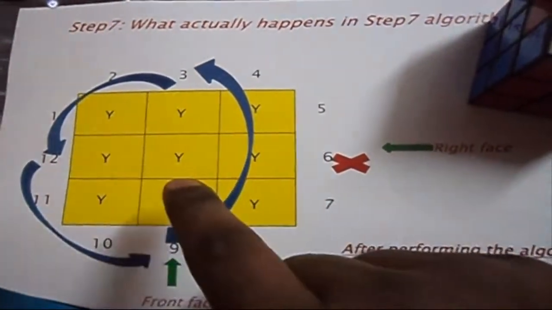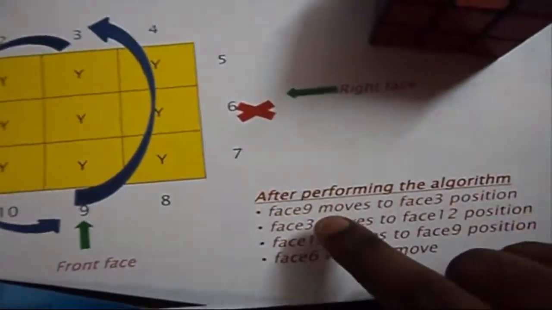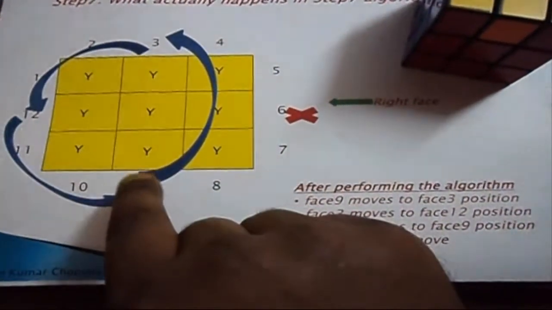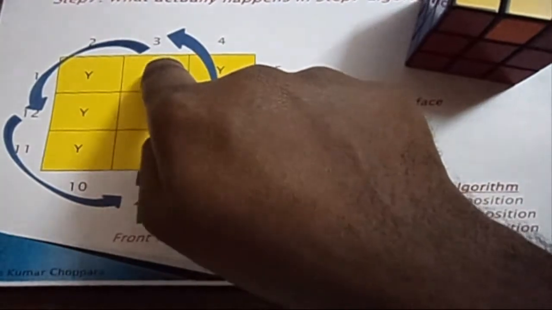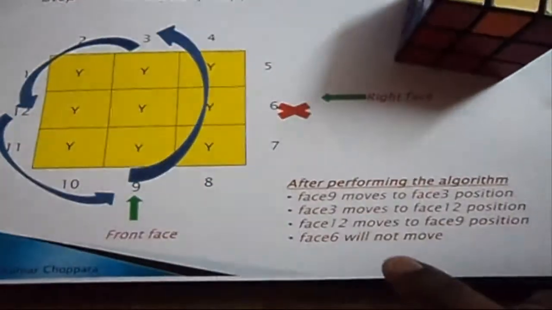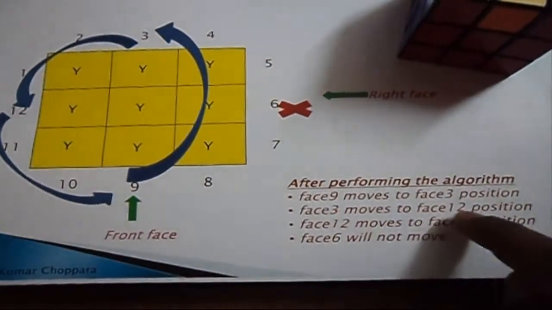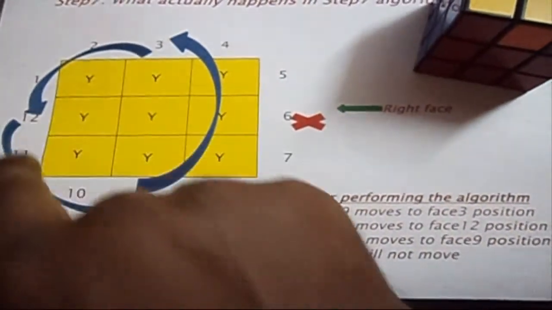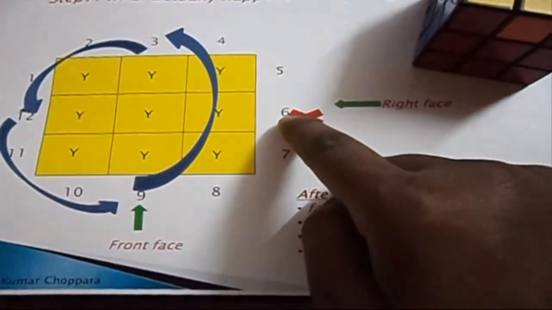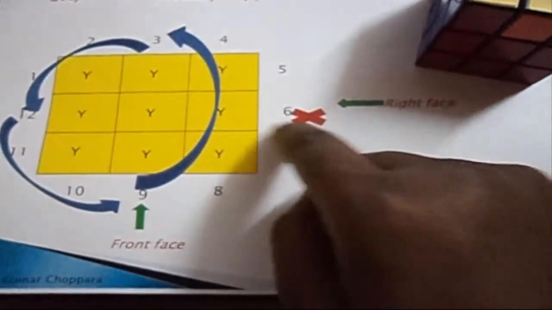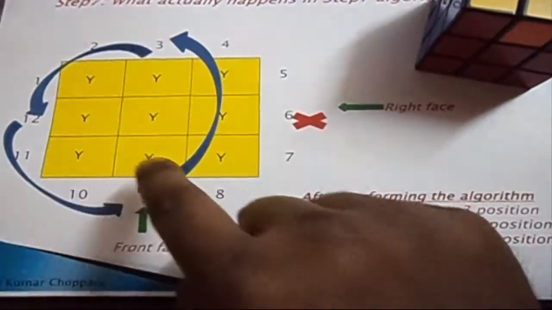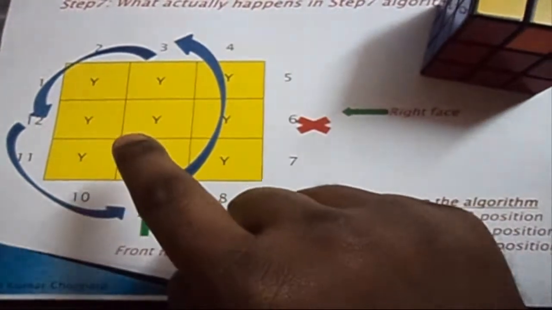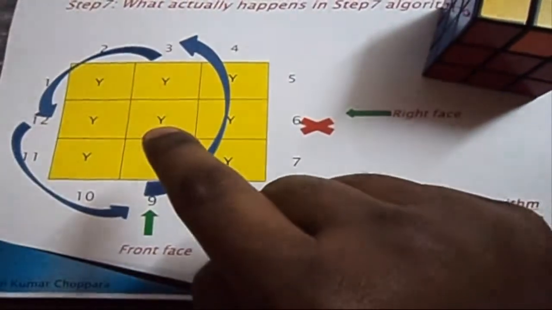After performing the algorithm once, the face 9 will move to face 3 position, this will be moved to this position and face 3 will move to face 12. This will be moved over here and this will be moved over here, and this particular edge piece will not move. Only these 3 edge pieces will rotate in an anti-clockwise direction when we are performing the algorithm for step 7.